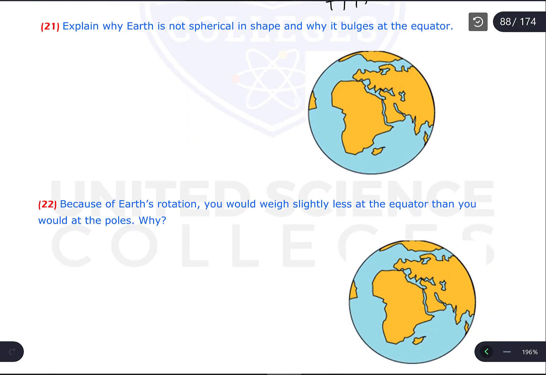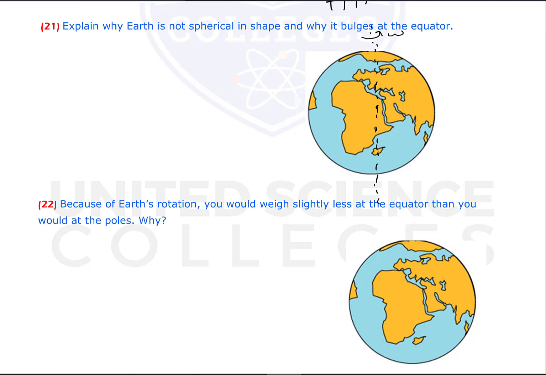And question number 21, explain why Earth is not spherical in shape and why it bulges at the equator. So Earth is spinning about its axis. This is the axis of rotation of the Earth, and it is spinning with some angular speed omega.